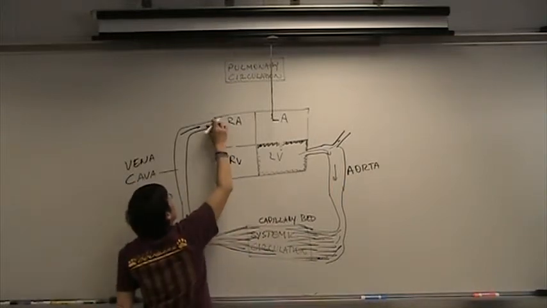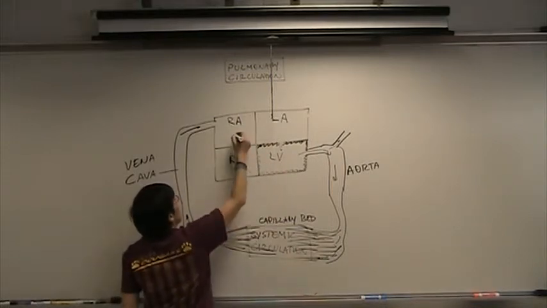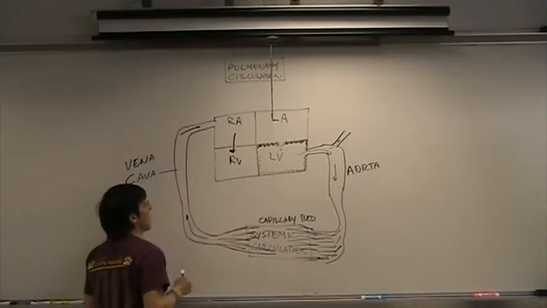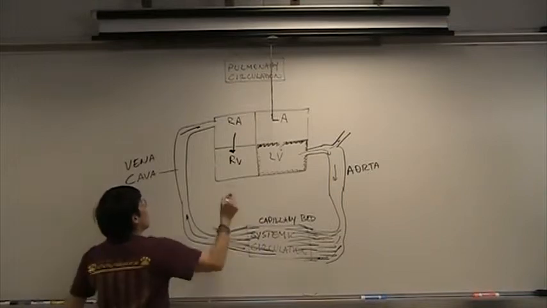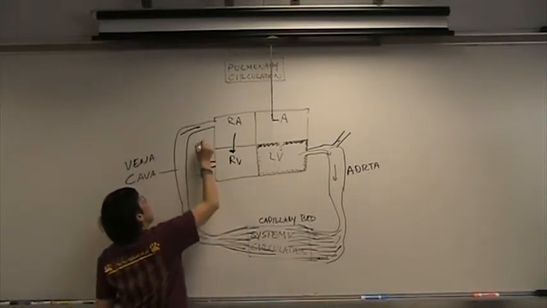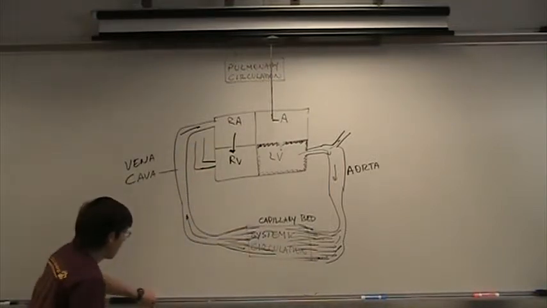Now, when you are in the right atrium here, what's the only place your blood can go? It can only go to the right ventricle. And once you are in the right ventricle, it needs to go out. So from the right ventricle, it goes out here. And you might guess where it's going.